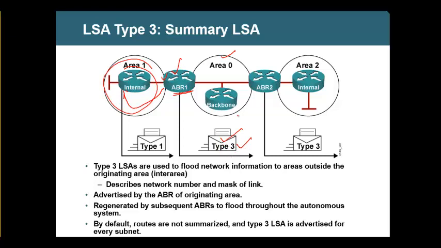So if you want to block all the routes coming from area 1, you need to block type 3. Type 3 is the one which brings the other area routes. If you don't like other area routes, what do you need to block? Type 3 only. Easy.